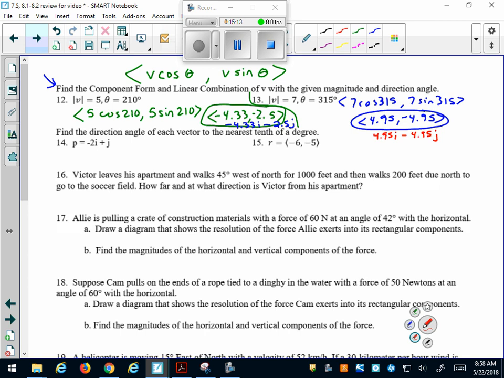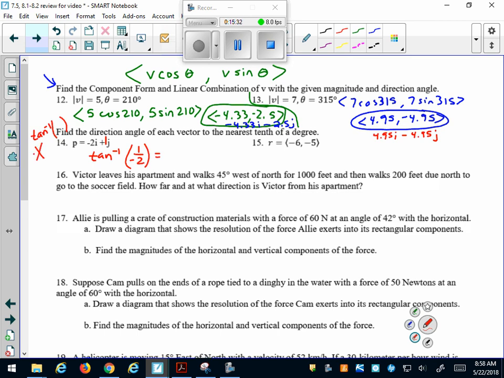So now this one, find the direction angle. Remember, direction angle is always inverse tan. So in this case, we have a 1 here, and we have a negative 2 here. We're going to do inverse tan of 1 over negative 2.